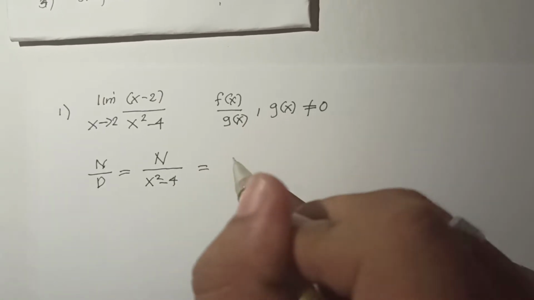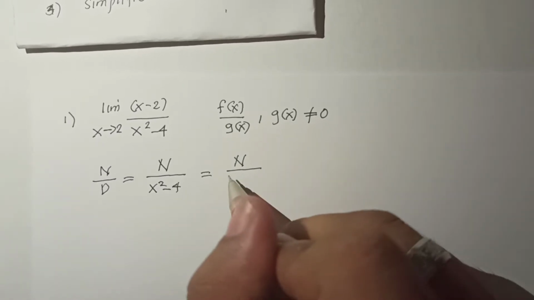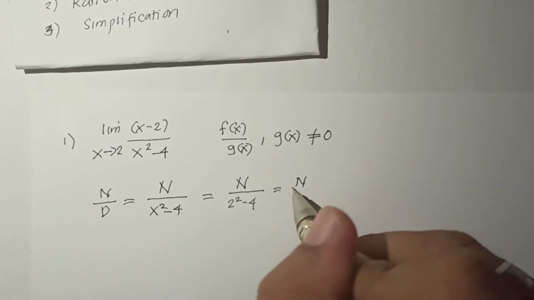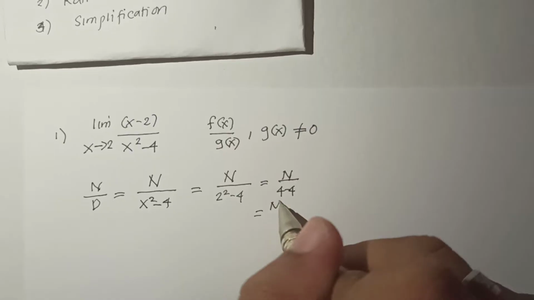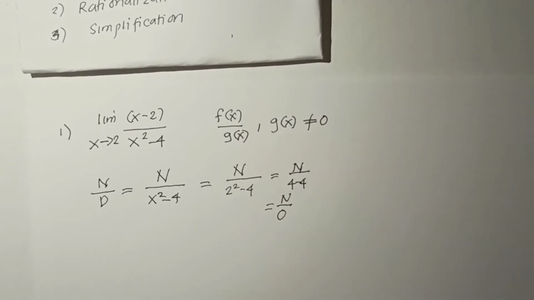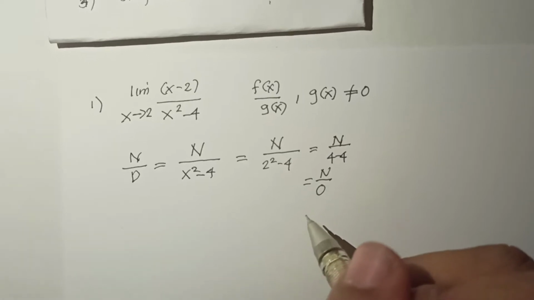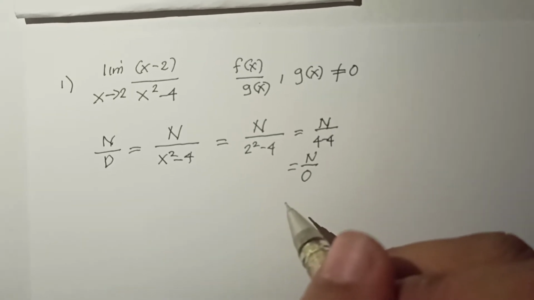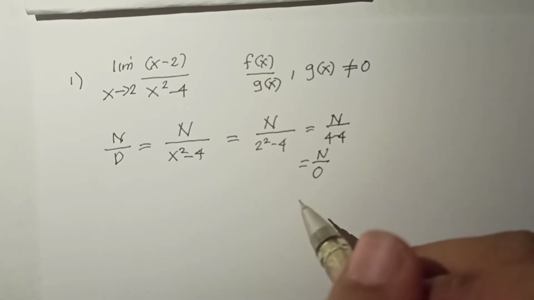So we have n over 2 squared minus 4, which is n over 4 minus 4, that is equal to n over 0. In this case, our denominator became 0. So we will check whether it's still factorable, and whether it can be rationalized and simplified.